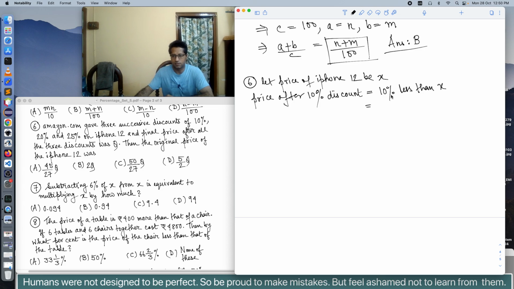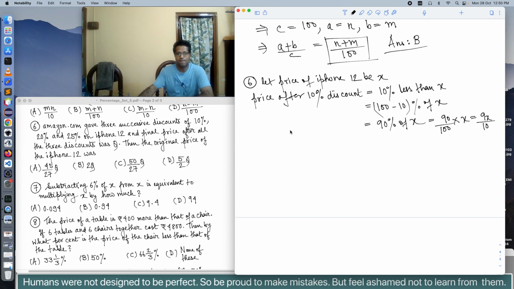Now 10% less than X means 100 minus 10% of X. This is equal to 90% of X, which is 90 by 100 multiplied by X. This is equal to 9X by 10.